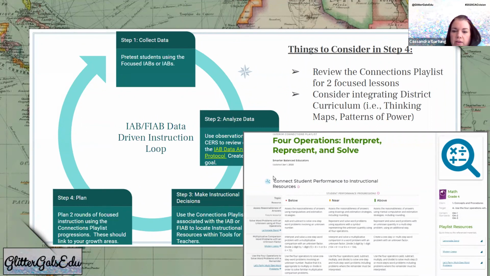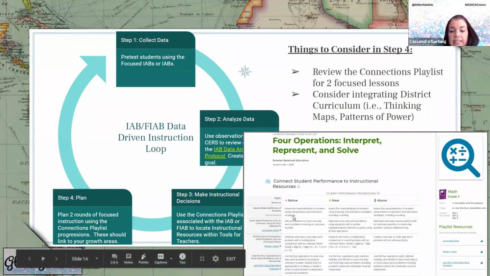And so right here, this picture where it says 4 operations, interpret, represent, and solve. This is a little snapshot of one of those Connections playlists that you will find in the Tools for Teachers. And as you can see, it has the below, near, and above levels, just like you would find in your reporting system. And it tells you what students should be able to do at each of those levels.